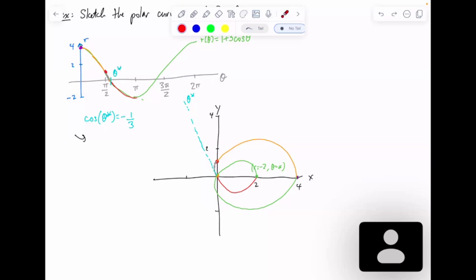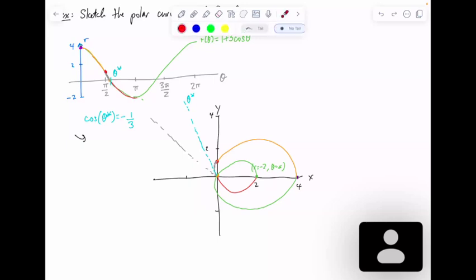So now draw every single possible ray here. This is some theta in between theta star and pi. Now you read off that this is a negative r, something between -1 and -2, for example. Let's say it's at -1.